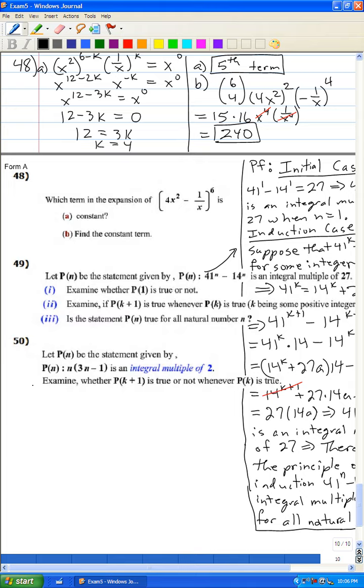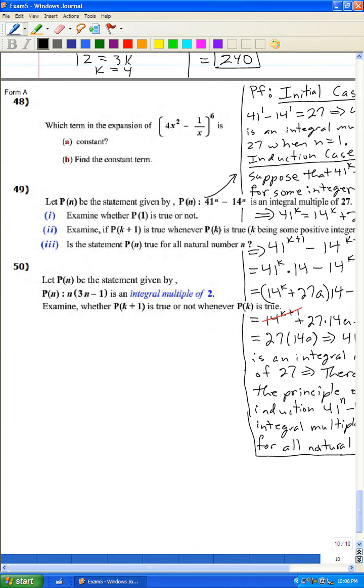Okay, so now let's do problem 50. And so I want to show that this is an integral multiple of 2. Okay, so it's going to be exactly the same proof.